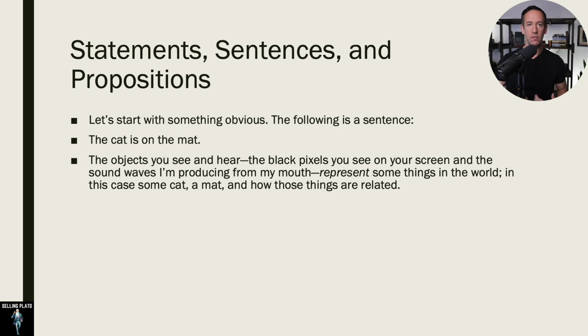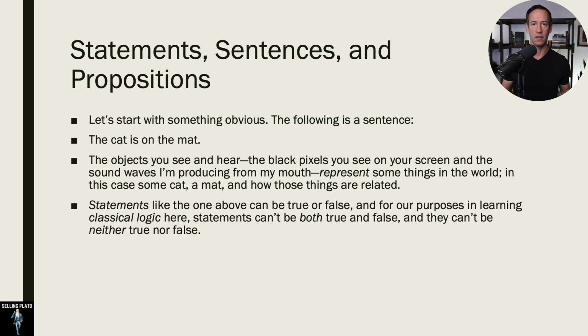In this sentence, some cat, a mat, and how those things are related. That's the basic principle that we're starting with. There are some things in the world, like black pixels on a screen, or vibrations, sounds coming out of my mouth, and we let those things represent some other objects or things out in the world.